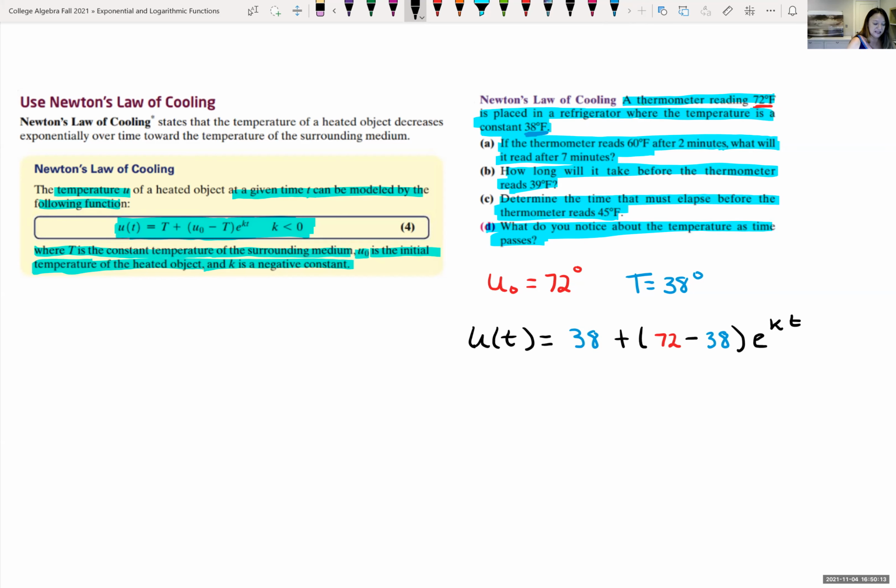We need to figure out what k is, and we can figure out k because it says that the thermometer reading after 2 minutes is 60 degrees. So we know when t is 2, this is equal to 60. So let's go into our formula. 60 equals 38 plus 72 minus 38, that is 34, times e raised to the kt.